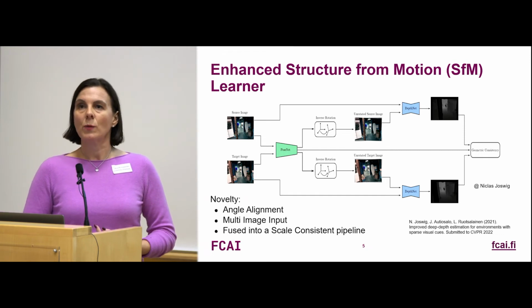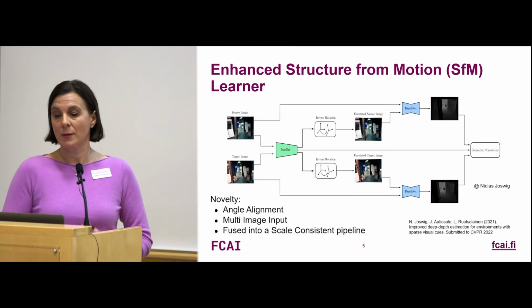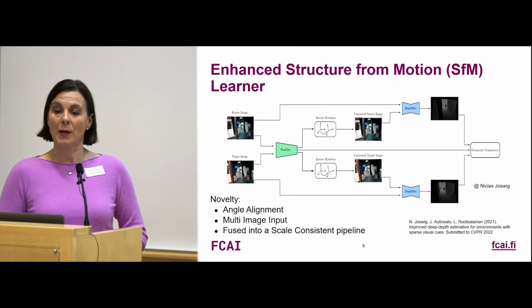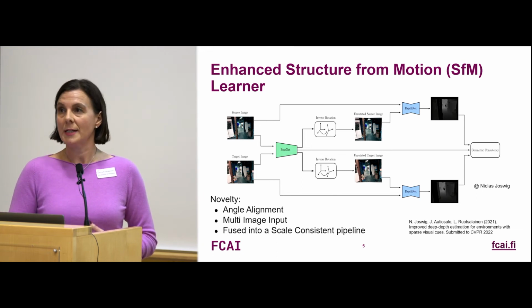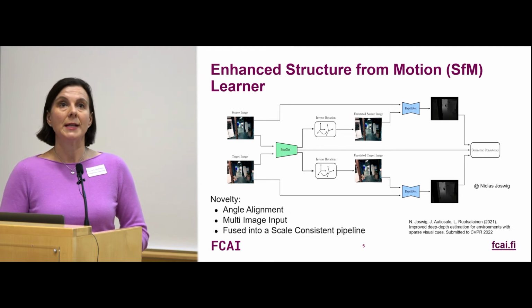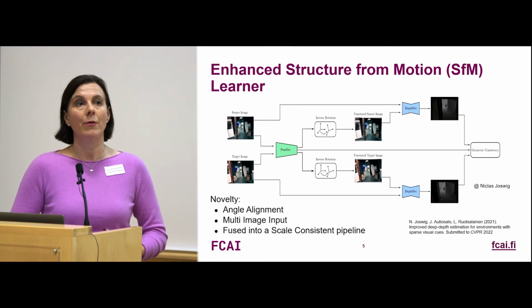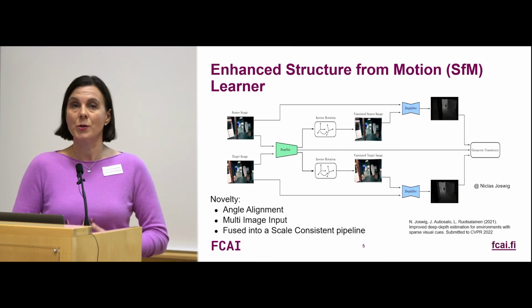And the reason why we have taken this structure from motion learner as a basis is that it has one really good benefit for the research purposes, and also points that we have already been discussing, that when we are now training the networks, we need a lot of data, and if we are doing the supervised learning, we need to label all the data. But in this case, this structure from motion learner performs quite well as an unsupervised method.